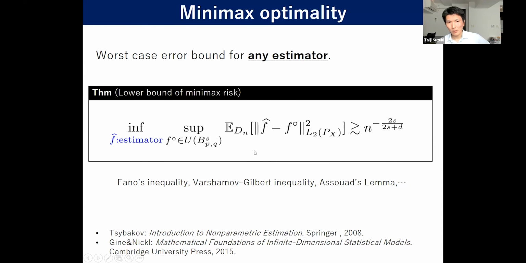So this statement gives a very strong result. For any estimator, even if you know the strongest estimator, suppose that there exists a strongest estimator, even if you are using such a strongest estimator, you cannot overcome this rate of convergence.